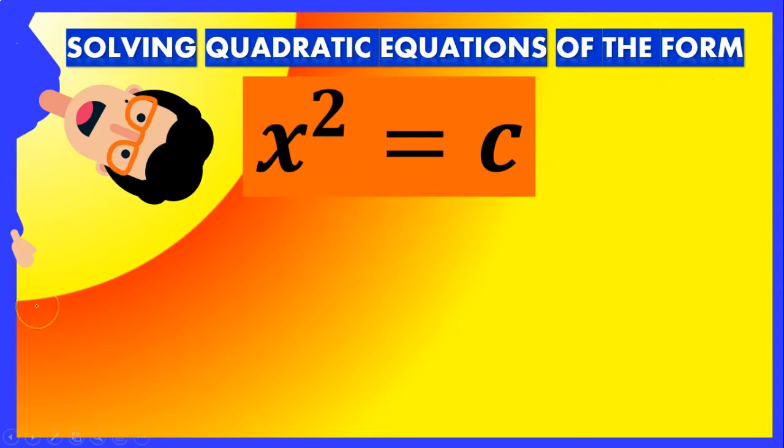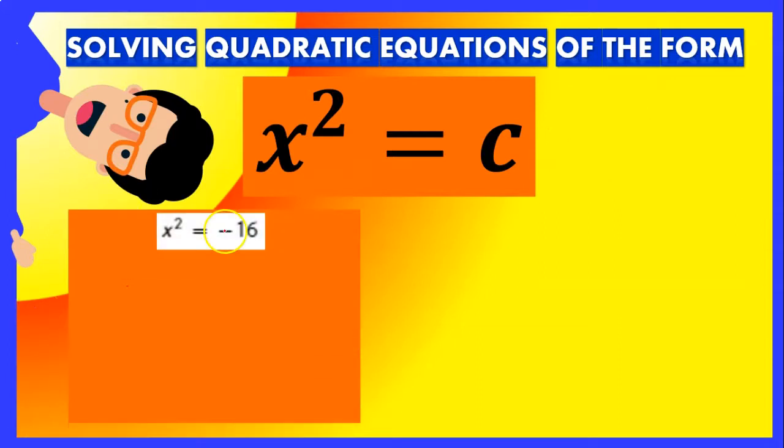So now, guys, the problem we're going to be taking a look at is x to the power of 2 is equal to minus 16. So again, we have x to the power of 2, and we're going to take the square root of both sides, the left side and the right side, not forgetting that we have to put a plus or minus, right? So the square root of x to the power of 2 is x, and then we have our plus or minus the square root of minus 16, right?